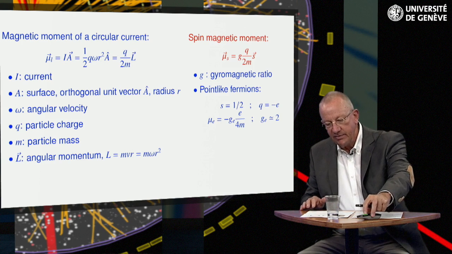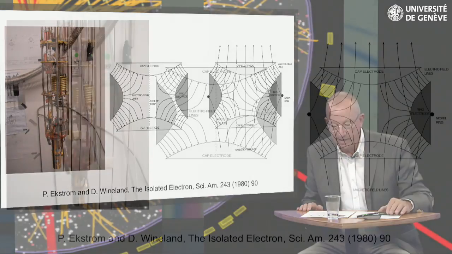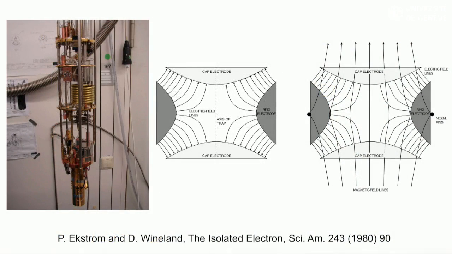The classical experiment to measure g uses an electron trapped in an electromagnetic bottle called a Penning trap. A very good description is available in the article by Ekstrom and Wineland in Scientific American that is quoted at the bottom of this page. The system resembles a macroscopic atom, where the nucleus is replaced by an external field.